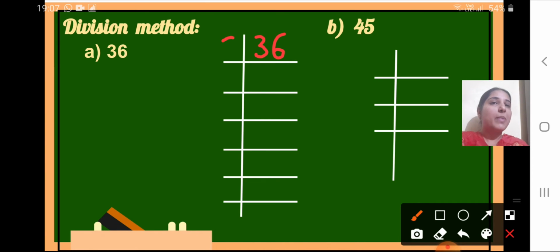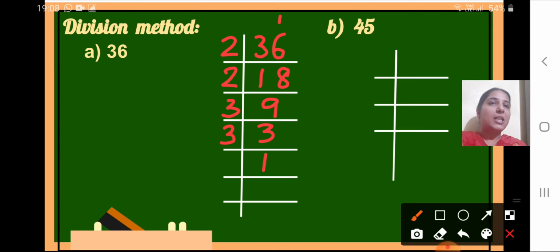It is divisible by 2 because at the ones place we have 6 here. So 2 ones are 2 and 1 will be remaining. Now we have 16, 2 8s are 16. Then 2 9s are 18. Then 3 3s are 9 and then 3 1s are 3.